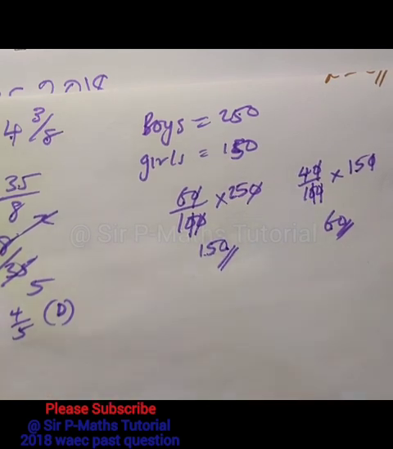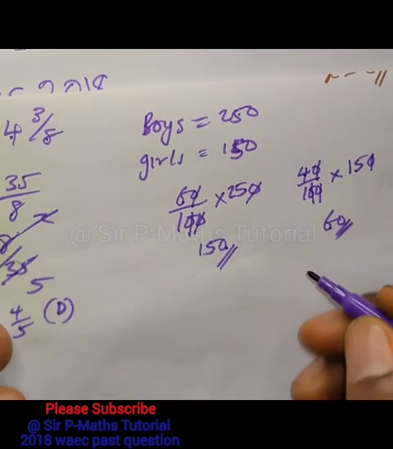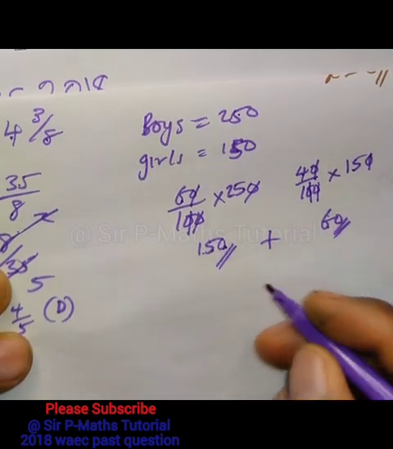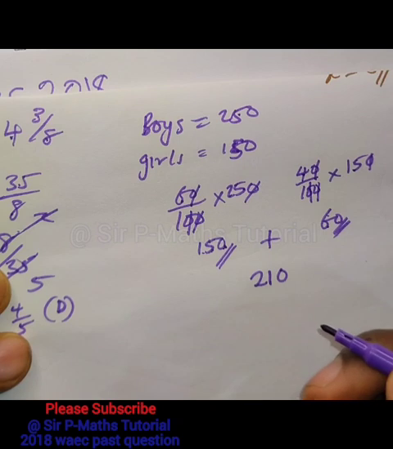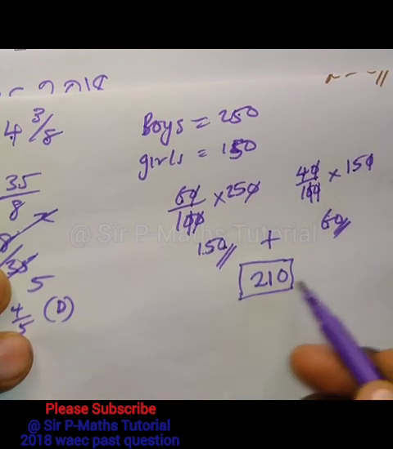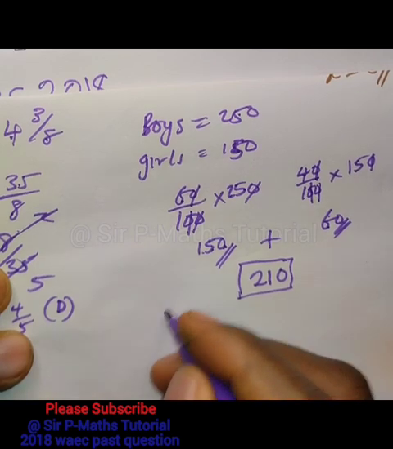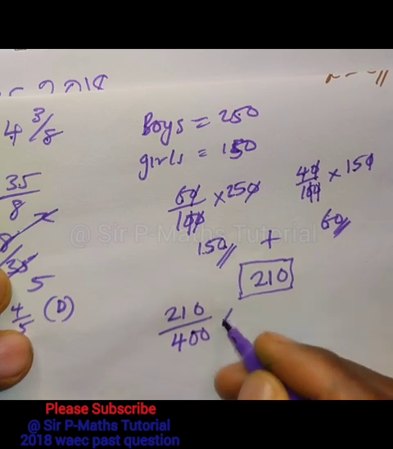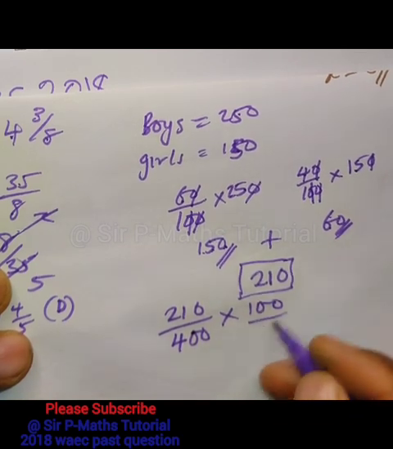Let's find the total percentage of the people that play football in the school. That means we will add these two. Alright, if I add here, I will have 210. How do I find 210 as a percentage that play football? I will say 210 over total population, which is 400, times percent, that is 100.